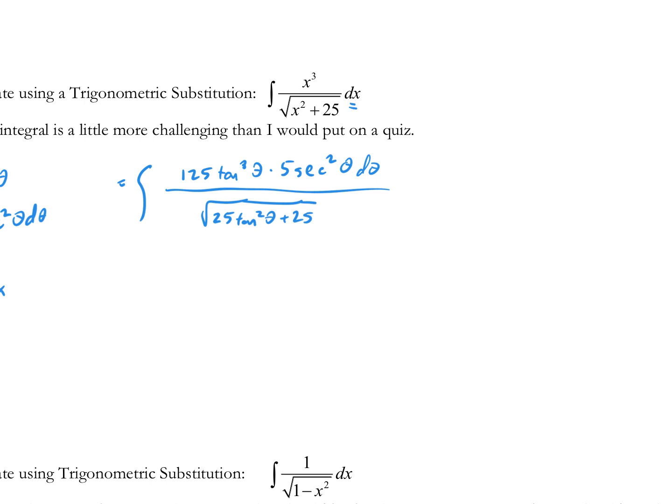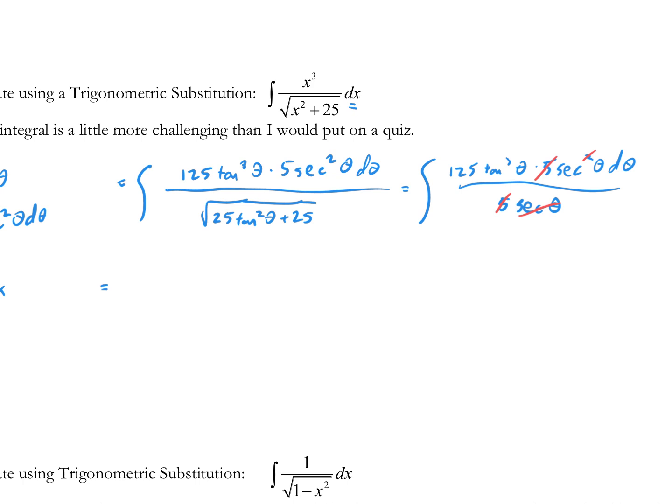So I'm going to move over to the right here, and up top, nothing happens. 125 tan cubed theta times 5 secant squared theta d theta. But underneath that square root, we have 25 secant squared theta, or 5 secant theta. This allows us to divide the 5s and divide one of the secant squareds out.